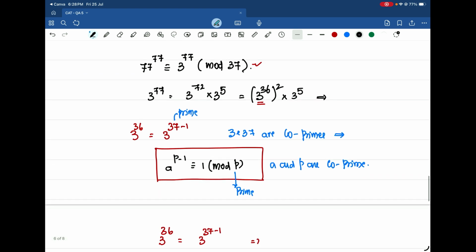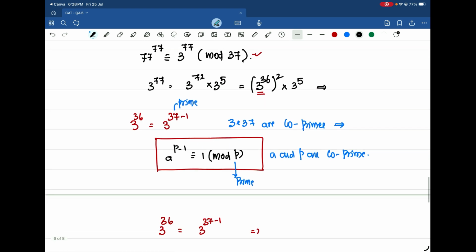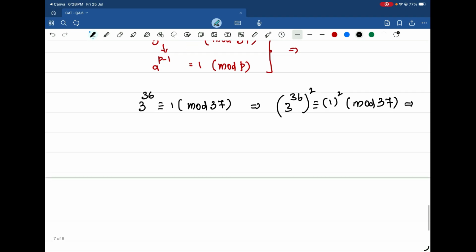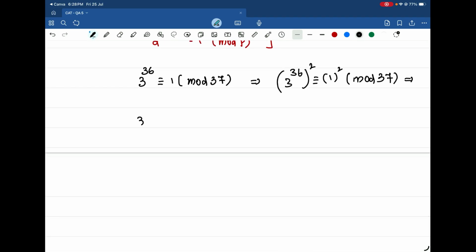3 to the power of 77 is equivalent to 1 square into 3 to the power of 5 mod 37.